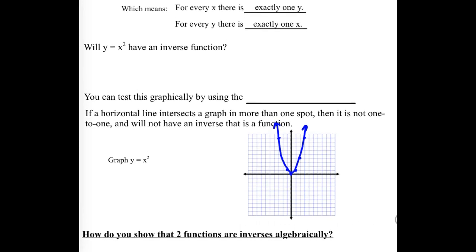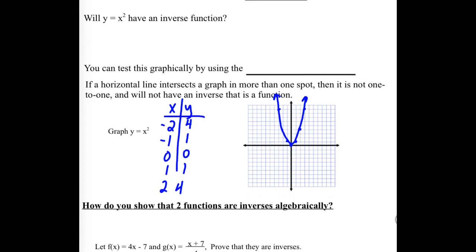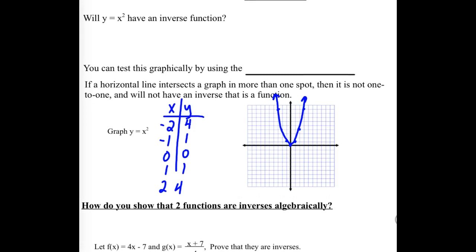So think about your t-chart. We said for y equals x squared, we could do -2, we get a 4. -1 was 1, 0, 0, 1, 1, 2, 4. When we graph the inverse, what do we do with those x and y's? We reverse them, right? So if I were to plot the inverse function, instead of -2, 4, I would have to graph 4, -2.